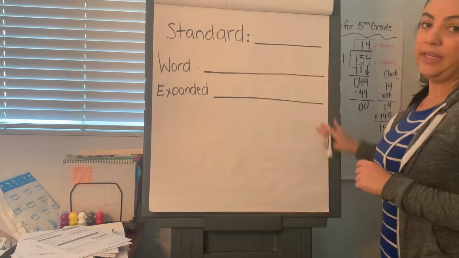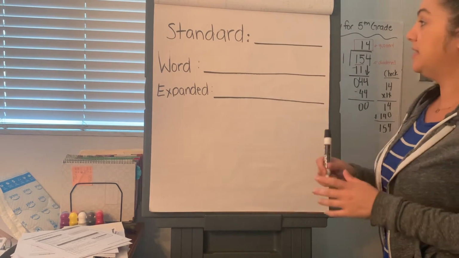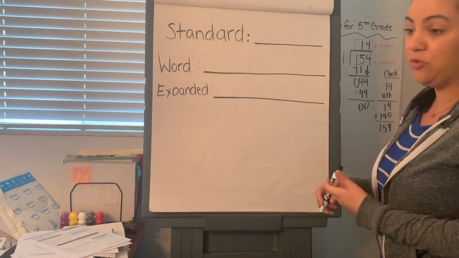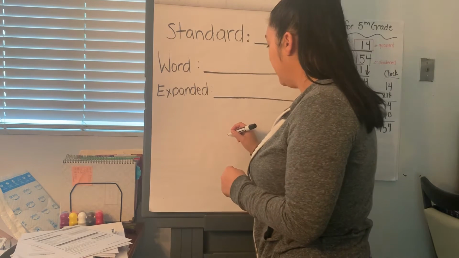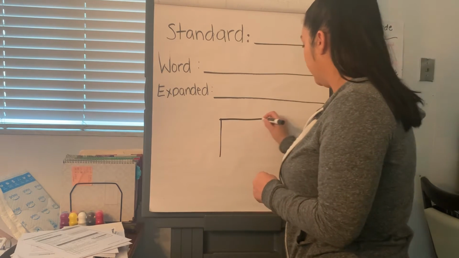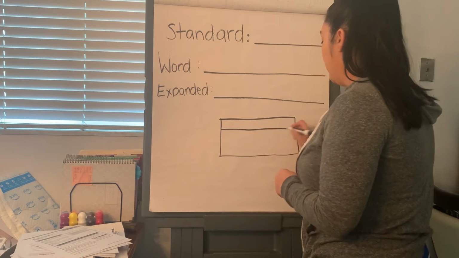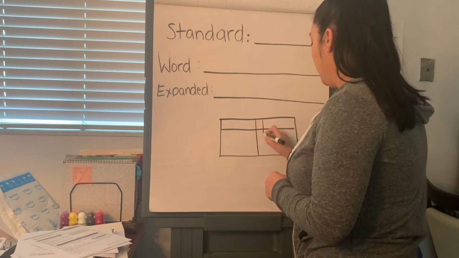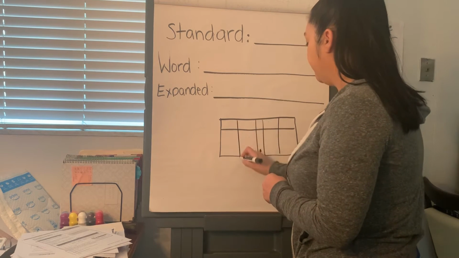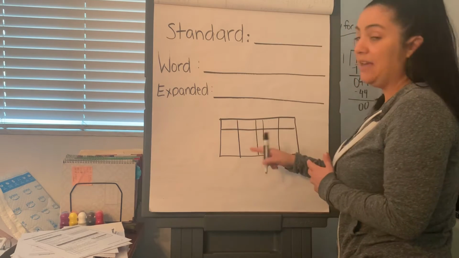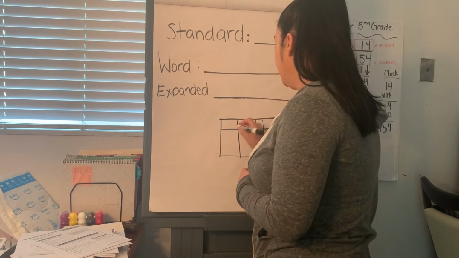So, here we have just the regular way of doing standard, word, and expanded, but we're going to be doing it with a decimal. I'm going to use my place value chart because my place value chart helps me better understand where the numbers go when we work on numbers to the left and numbers to the right of the decimal. So I'm going to label my place values.